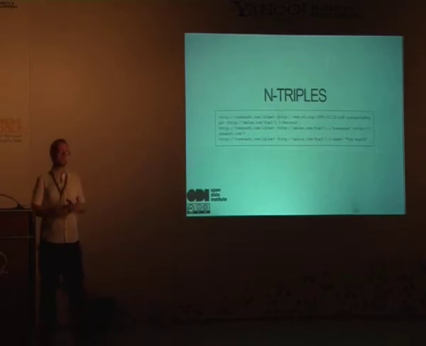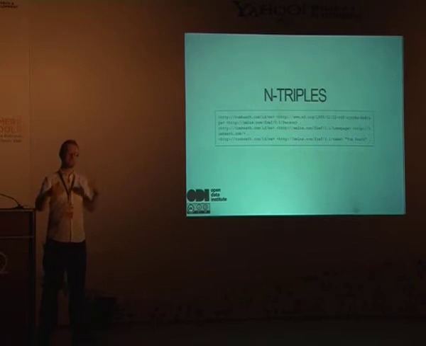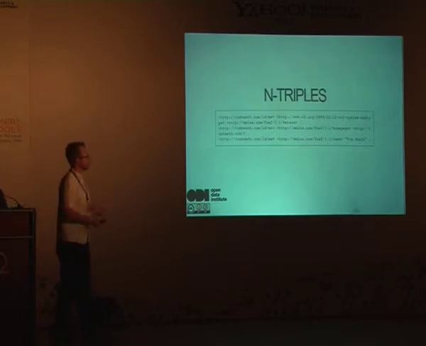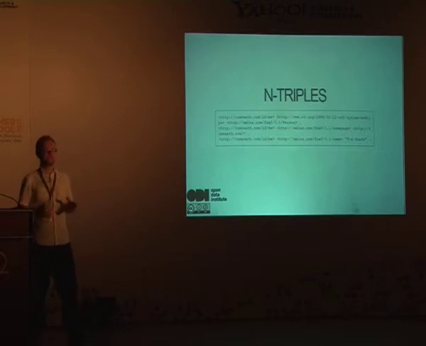And because each triple typically occurs one per line, when you're processing this data, you can stream through it very fast, without having to load it into memory, which is not the case with things like RDF XML, which I'll talk about in a minute. So if you've got a very big data set that you need to stream through, then N-triples is by far the best way of doing it.